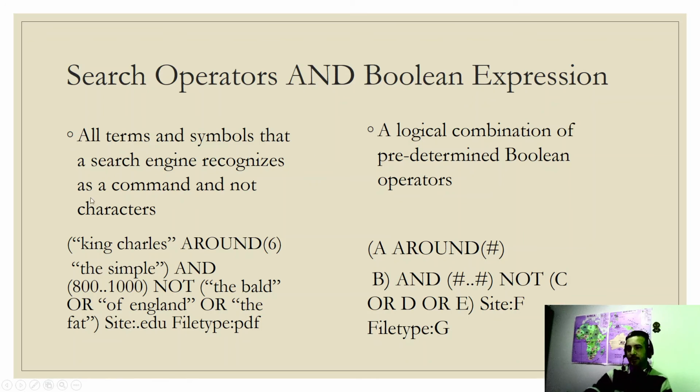So you can see that I put quotes around King Charles the Simple, and I put my date range, and I said not the Bald, not of England, not the Fat, and I just want PDF files that are educationally hosted.